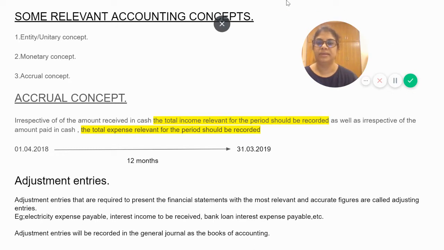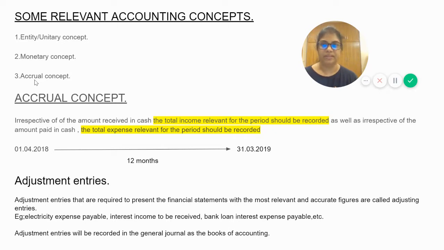In simple terms, the accrual concept is that whether you have received an income, or even though you have not paid an expense, if it is relevant for the accounting period, you have to do accounting for the income or the expense.